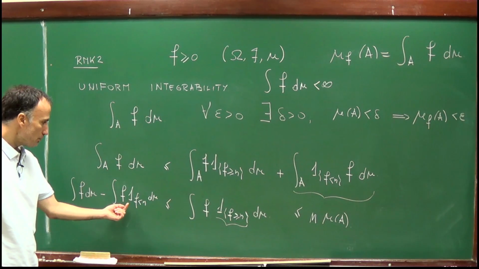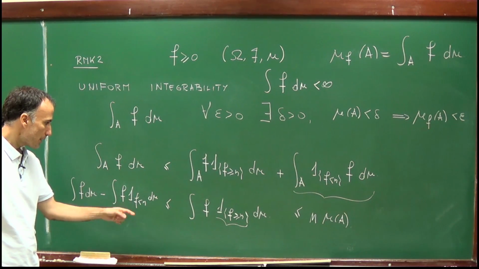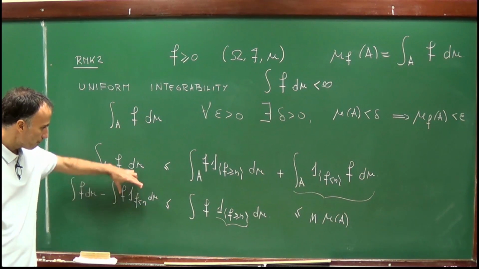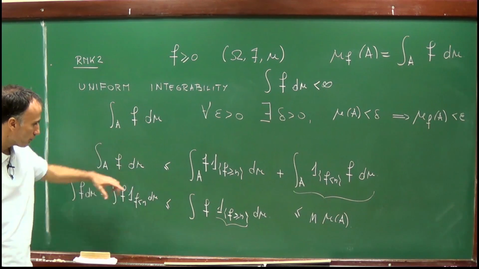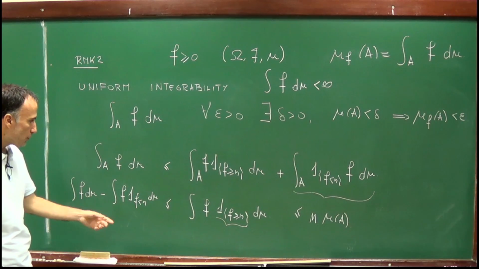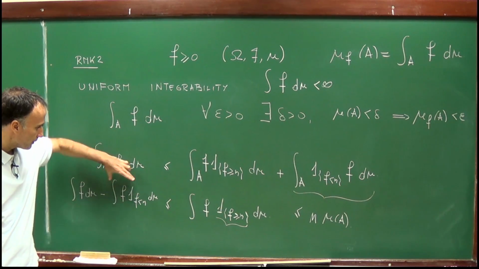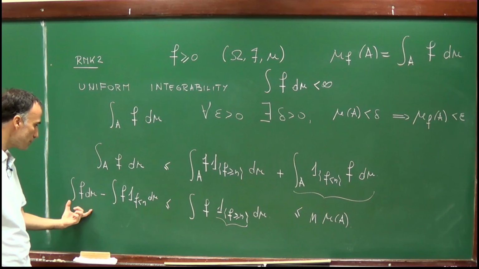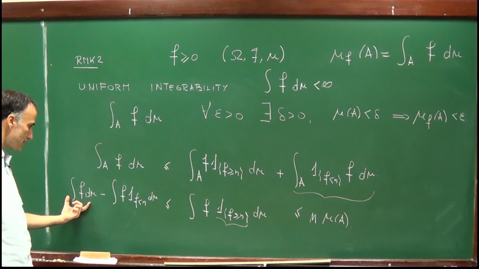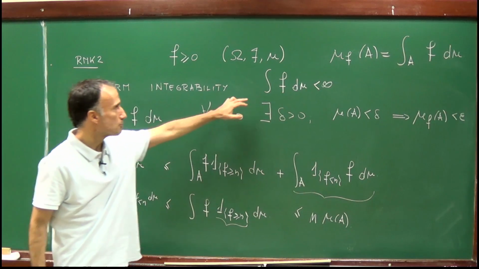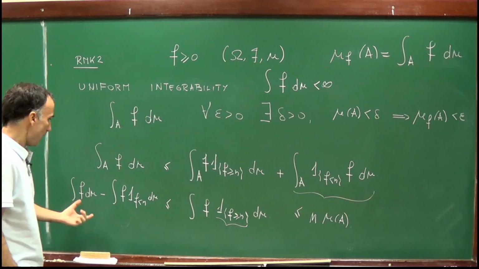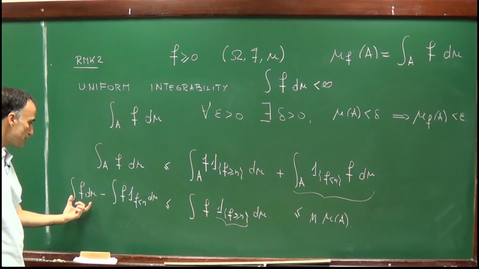Now, by the monotone convergence theorem, as n tends to infinity, this sequence of functions converges to f. Therefore, the sequence of these integrals is converging to that integral. Since this integral is finite by assumption, this sequence is converging to that finite number.